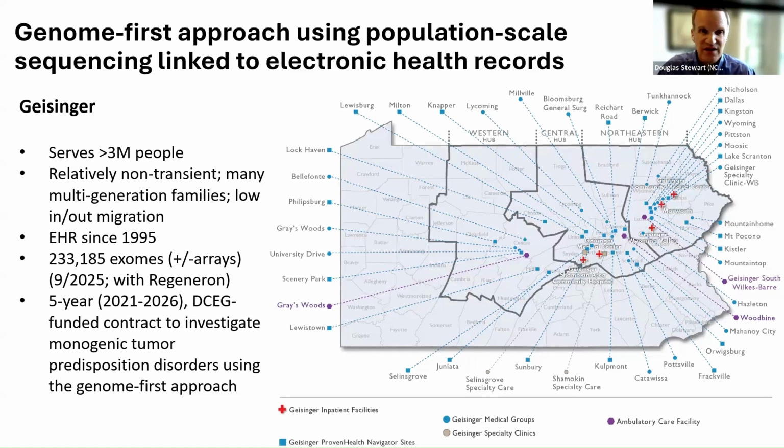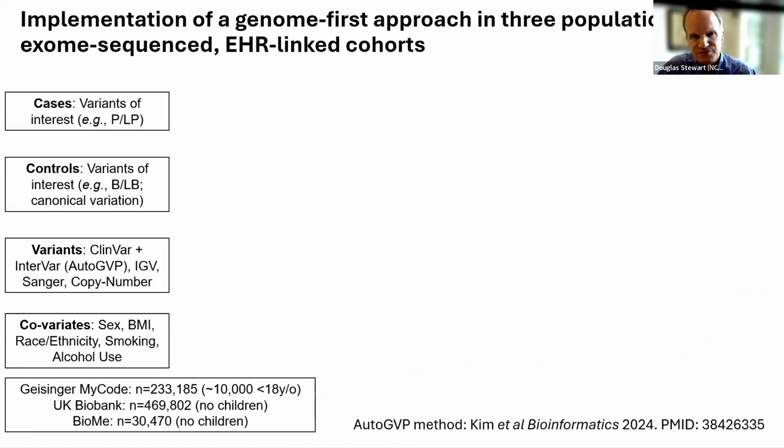This tends to be a relatively non-transient population. There are many multi-generation families with relatively low in and out migration. And kudos to Geisinger, but they adopted an EHR many years before the rest of us did, in the mid-90s. So this has been a tremendous advantage. As of today, we have over 230,000 exomes done by Regeneron and a contract to look at those exomes.